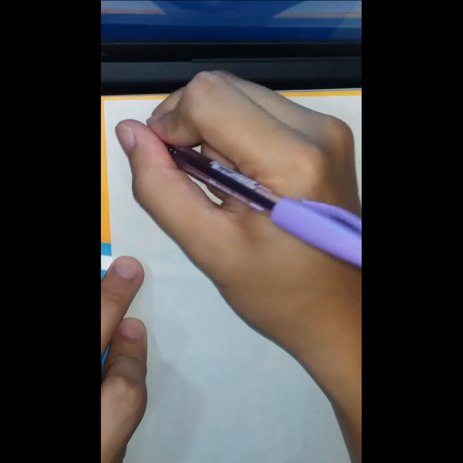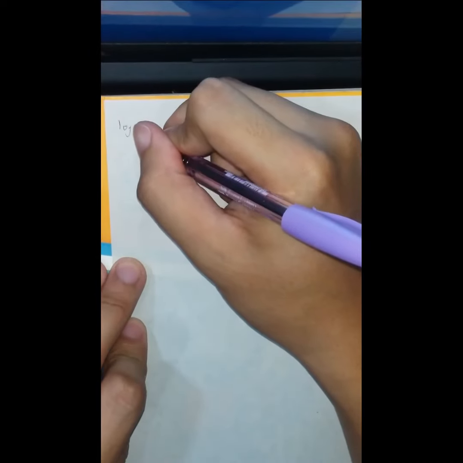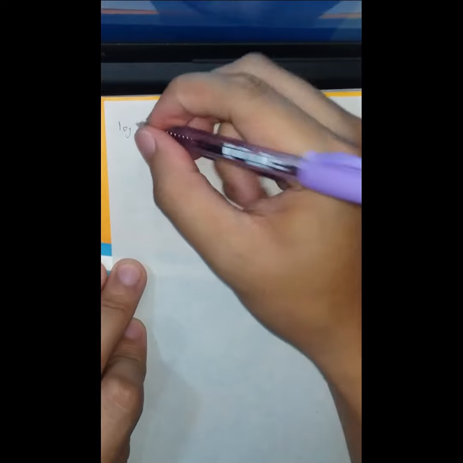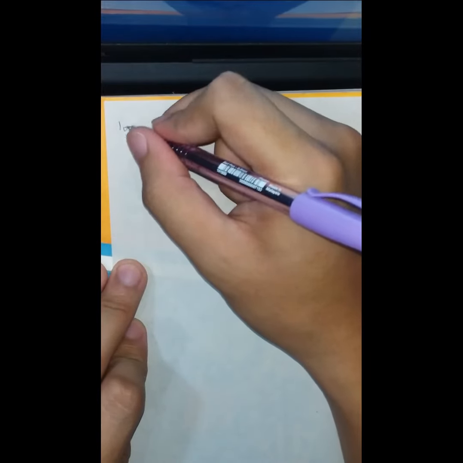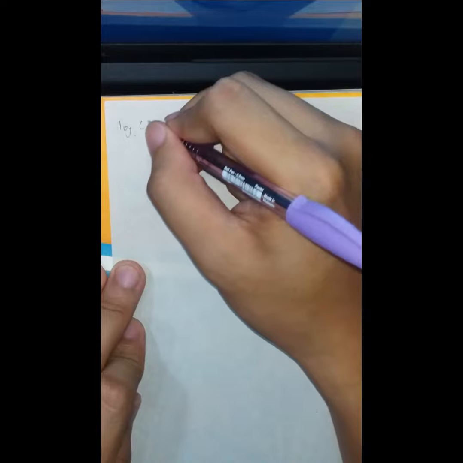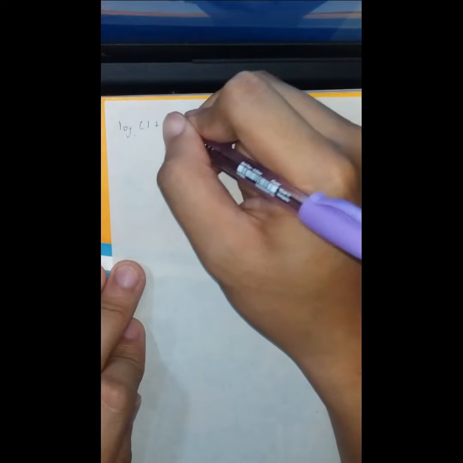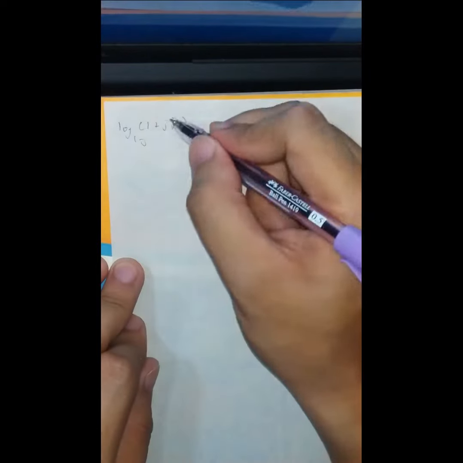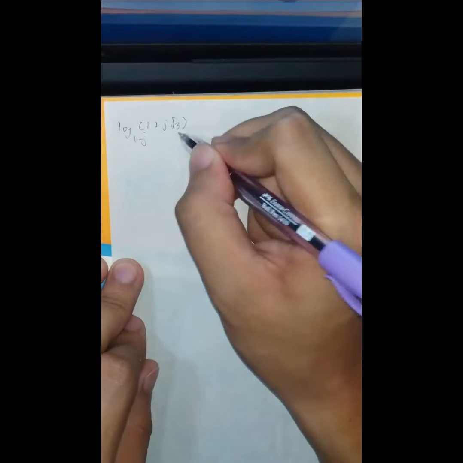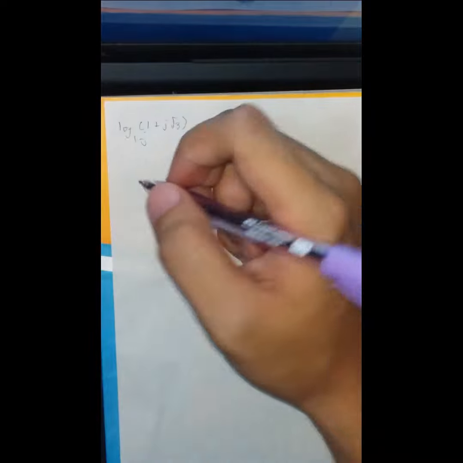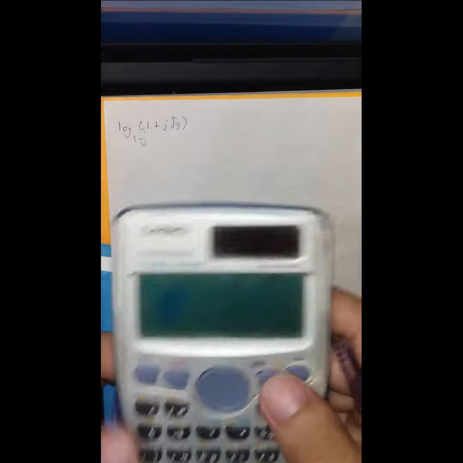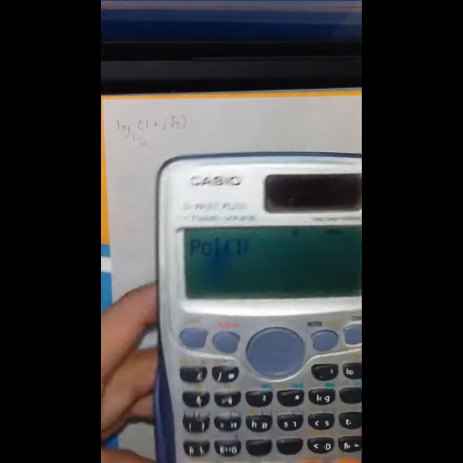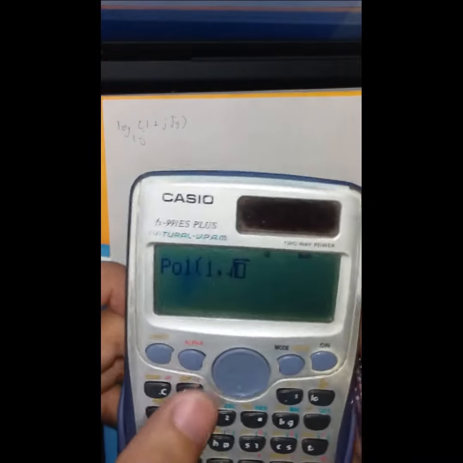Last problem, which is to evaluate log of 1 plus j square root of 3 base 1 minus j. So first, we convert this to polar form. So get the calculator and shift plus, we get 1 comma square root of 3.